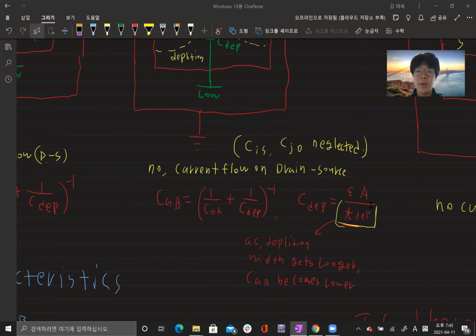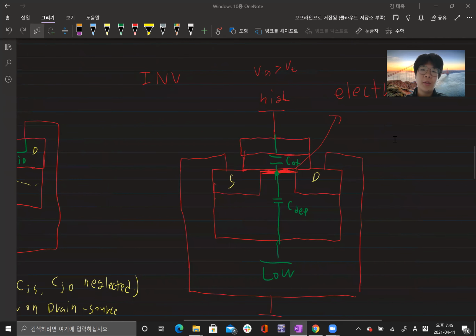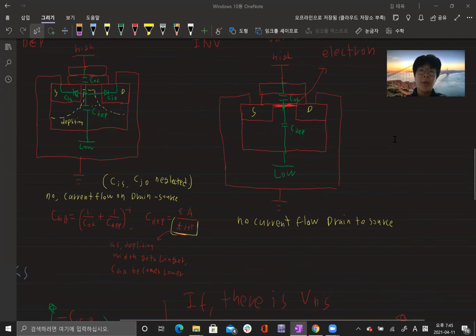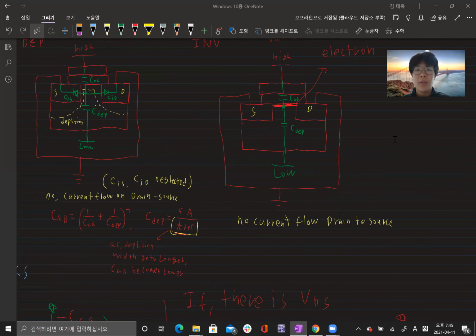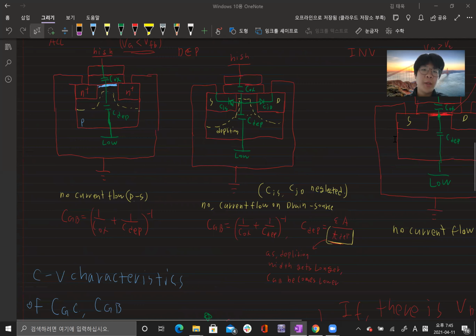So the total capacitance also gets lower. And then in inversion state, it will be similar to the accumulation stage. So total capacitance will be dependent on the depletion capacitor.